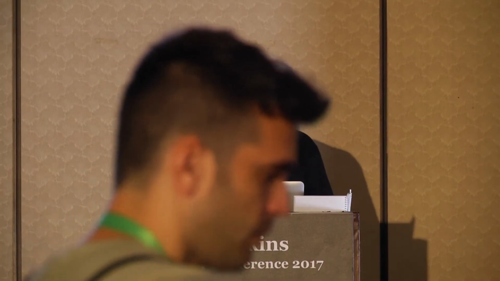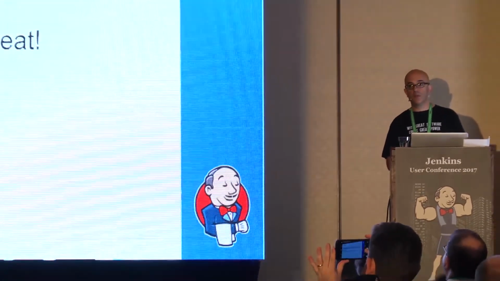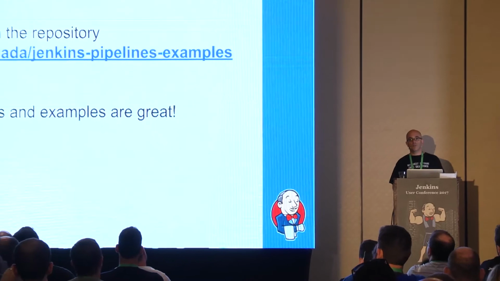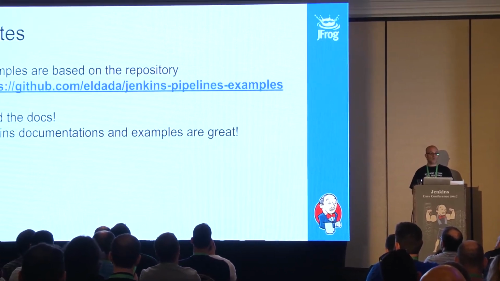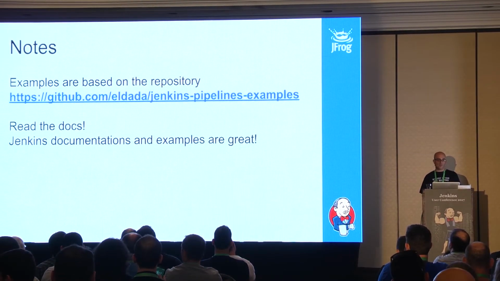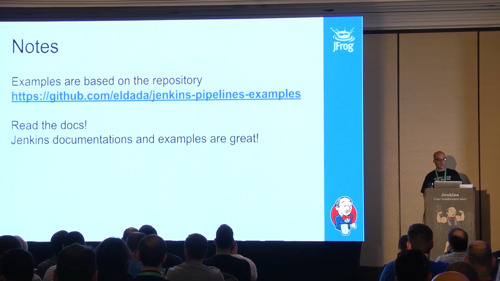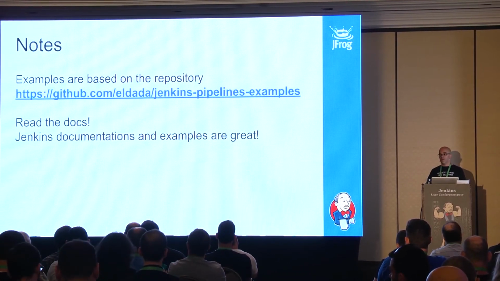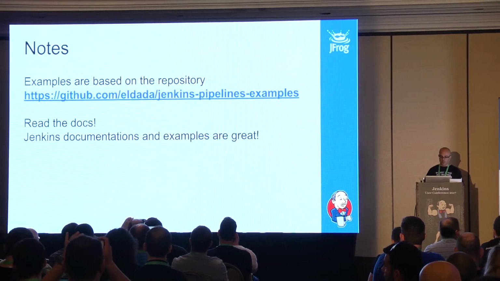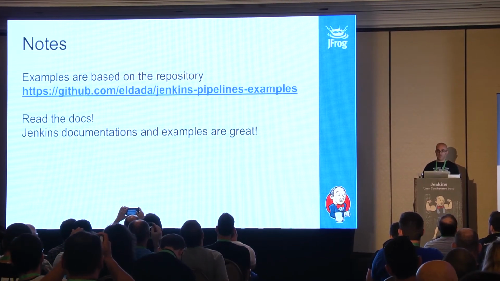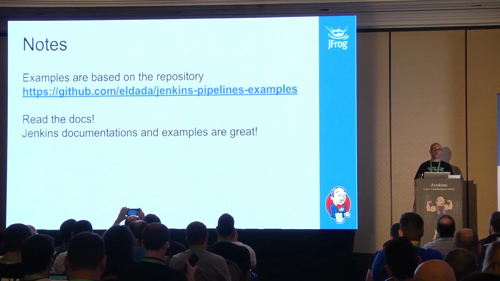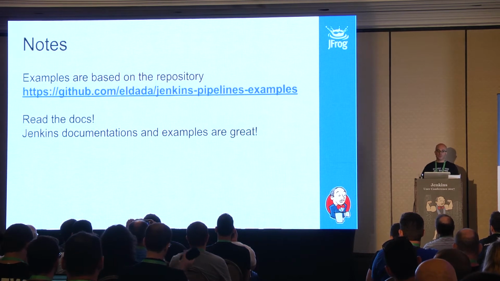Most of the examples are based on a GitHub repository I've set up, which is also freely available, and you can later on go to it and see some of the examples, extend them, and play around with them. Contributions are always very welcome. And as Moore said in the talk before me, go read the documentation.